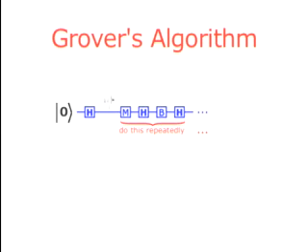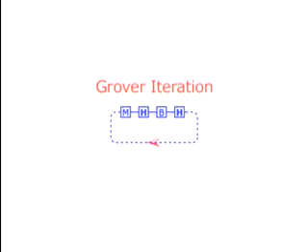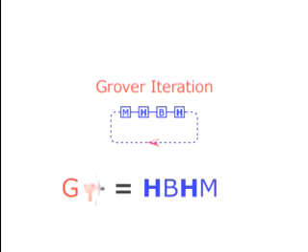So the net effect of such an iteration, called the Grover iteration, on an arbitrary state is given by the unitary matrix HBHM.